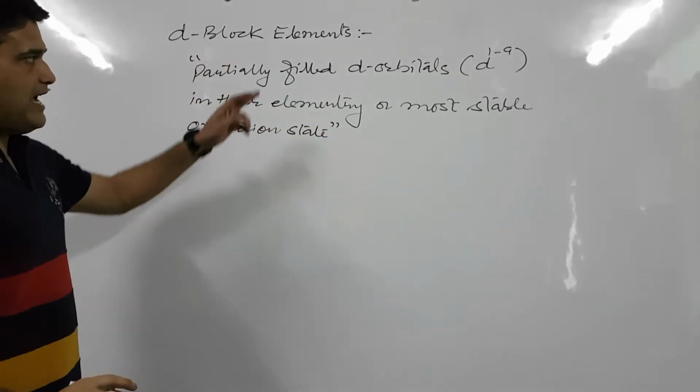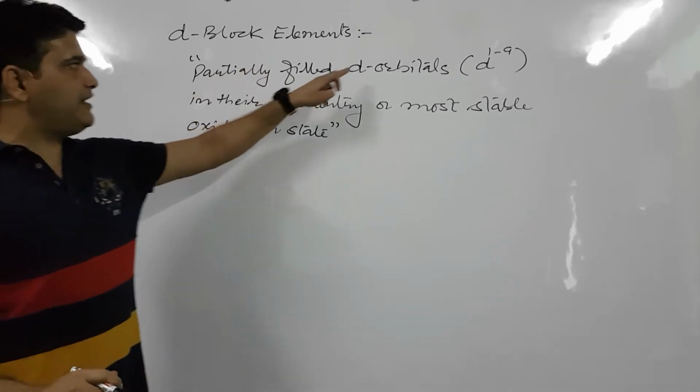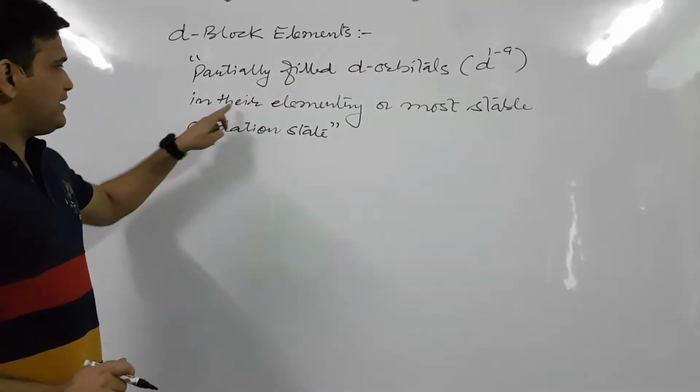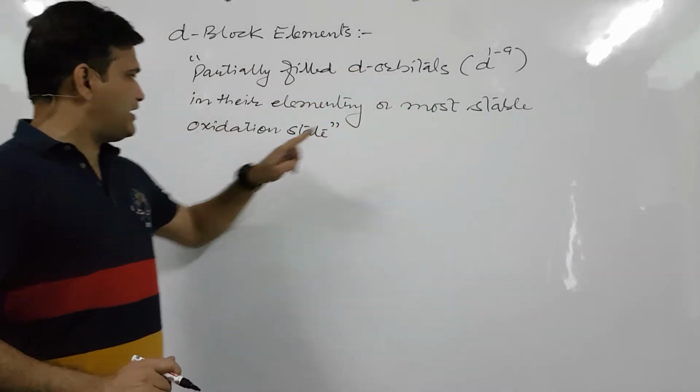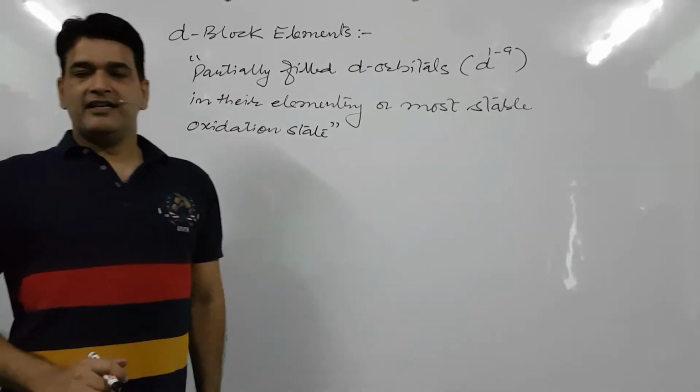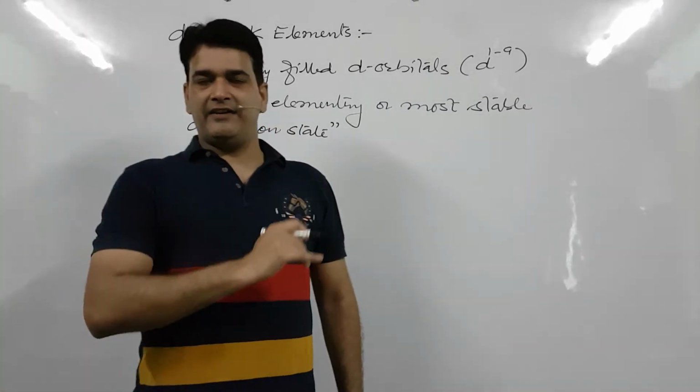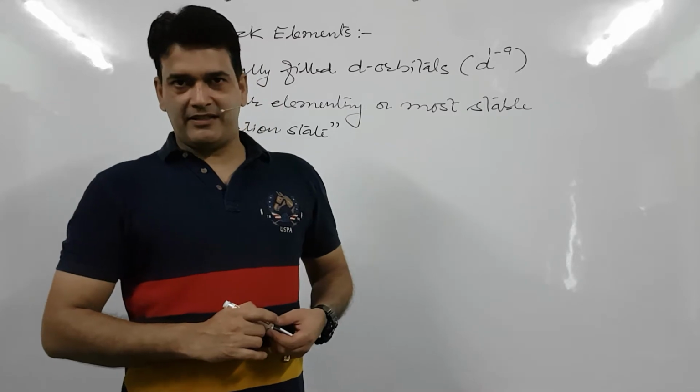D block elements are elements which have partially filled d orbitals in their elementary or most stable oxidation state. This is the exact definition of D block elements.